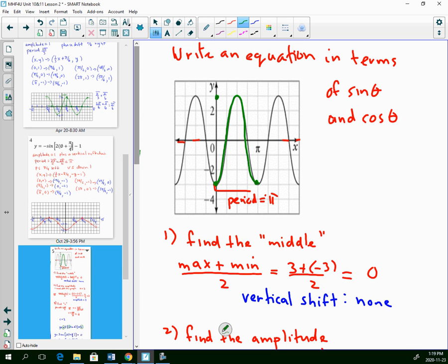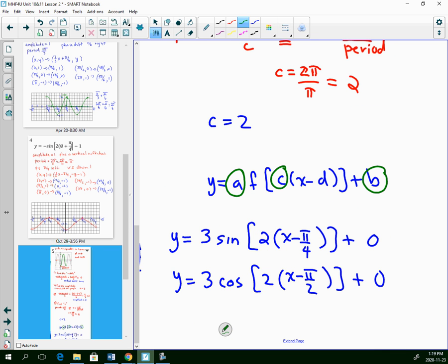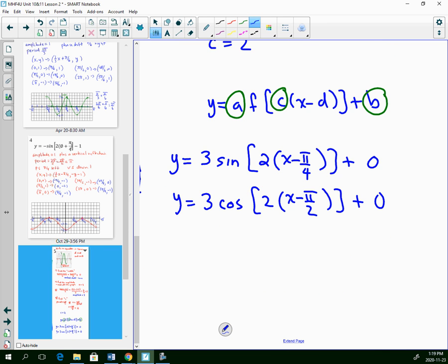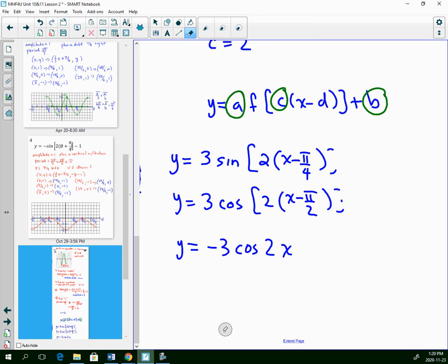If I do a vertical reflection, I don't need to do a horizontal shift because the starting point has just been flipped over, it hasn't been moved. So another option would be cosine reflected with no horizontal shift, and I don't need this 0. That's another option.